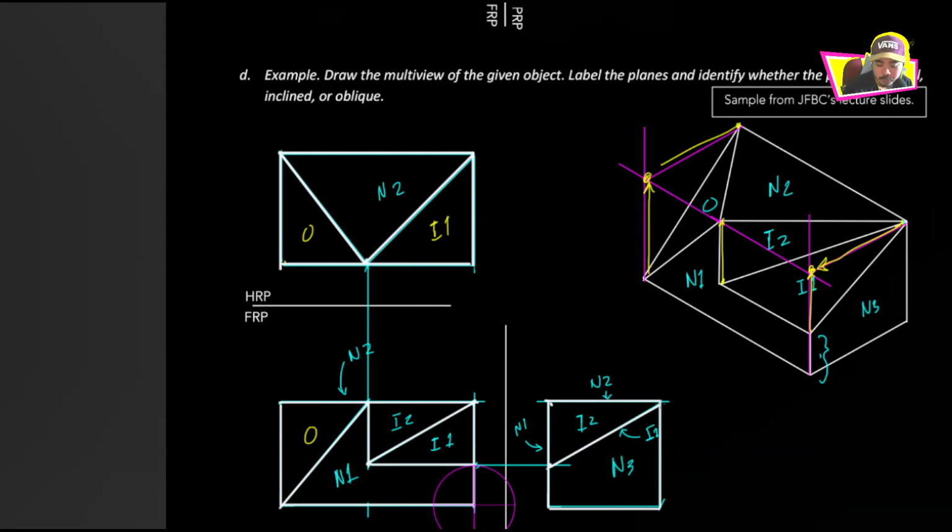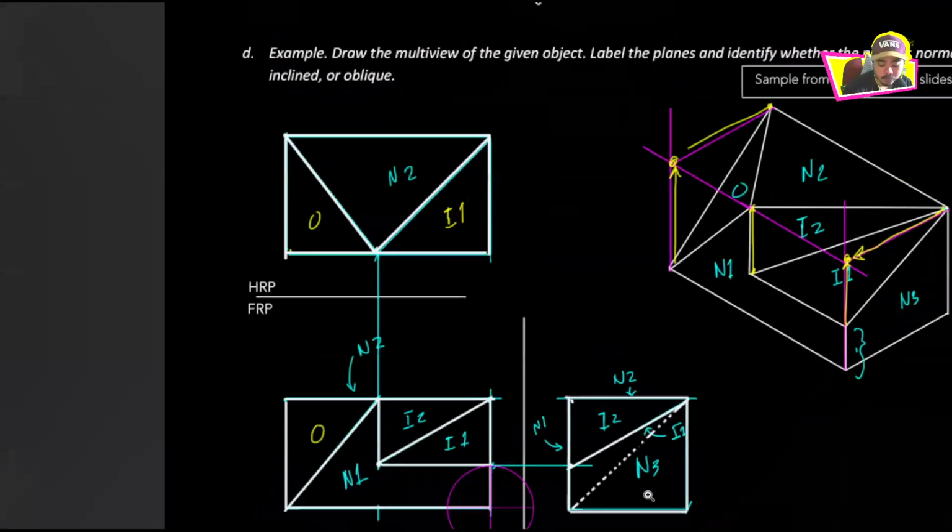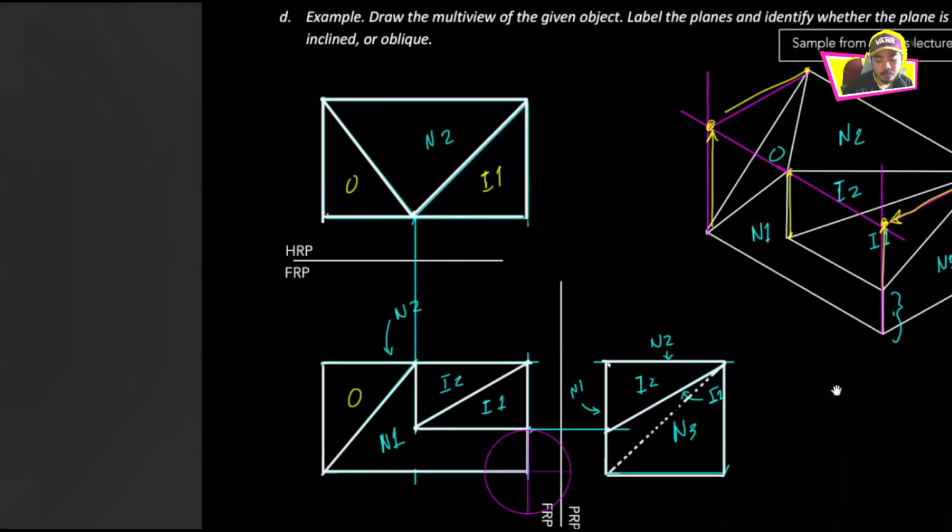So dapat yung line sa oblique is meron kasi siyang line running from this top corner to this bottom corner, no? So we should have a broken line from here to here, and let me just para maging broken siya. Okay. So that should be my broken line here.